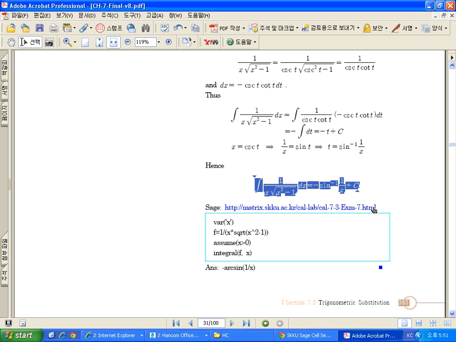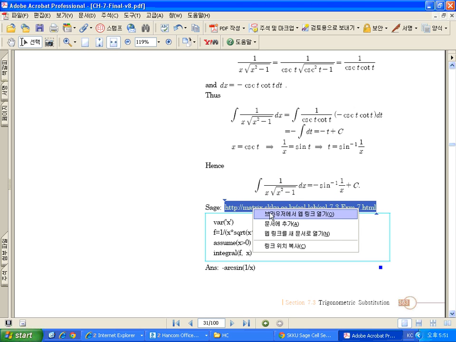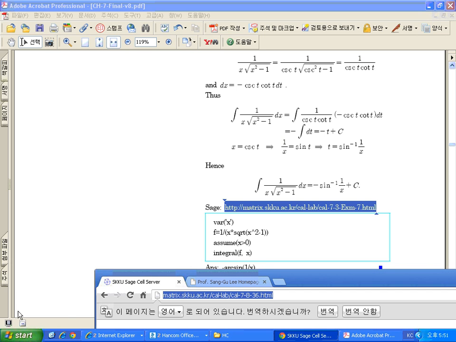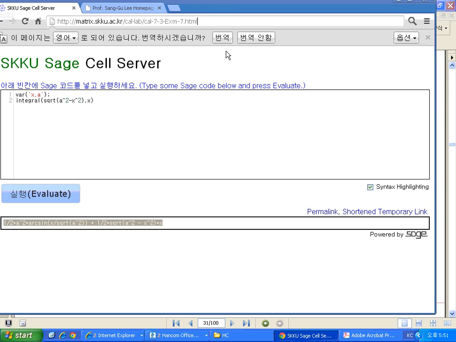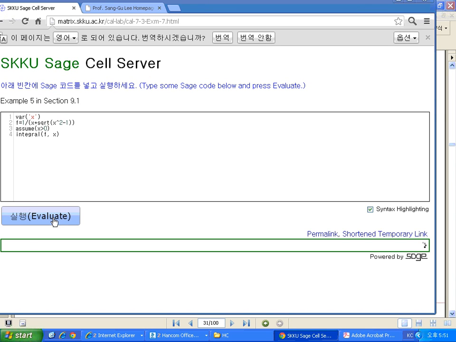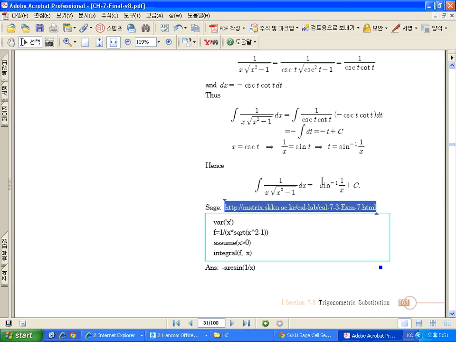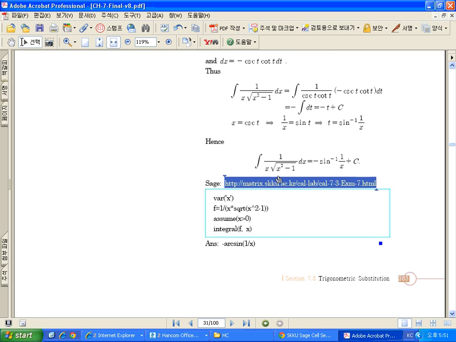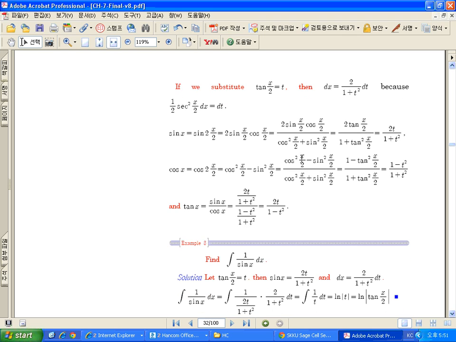This also can be done with Sage, which gives, here you see, the integral of this one is minus arcsine of 1 over x, and that can be easily obtained in here. That's exactly what you saw in here: minus arcsine of 1 over x. So after you do it, then you can go a little easier.